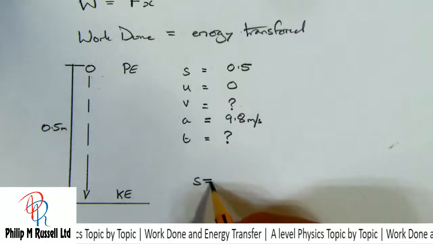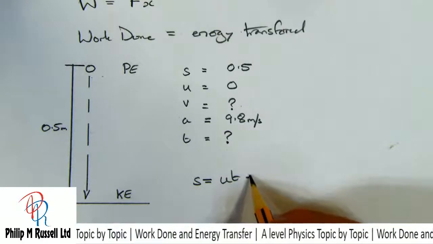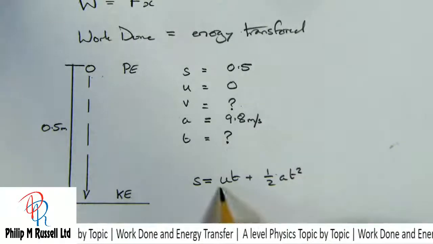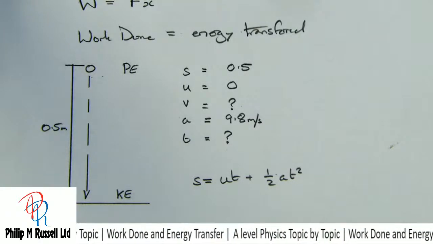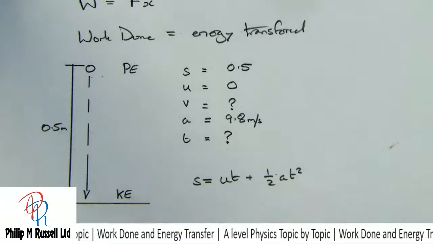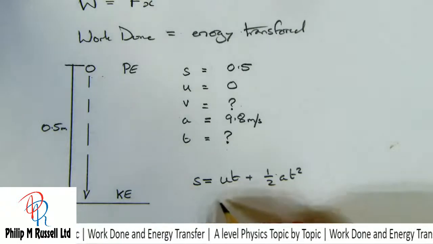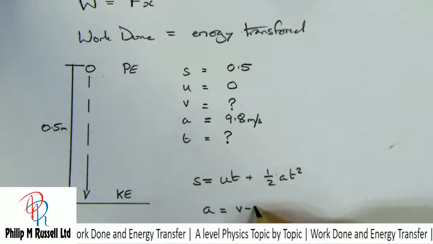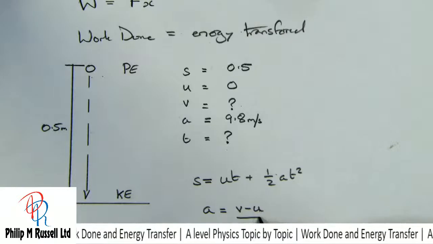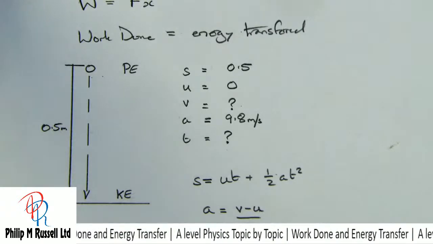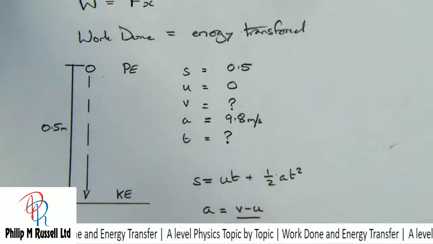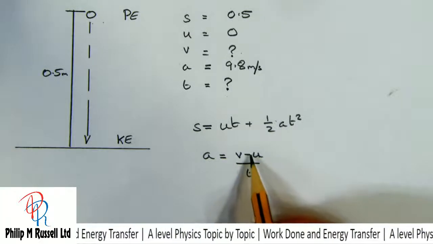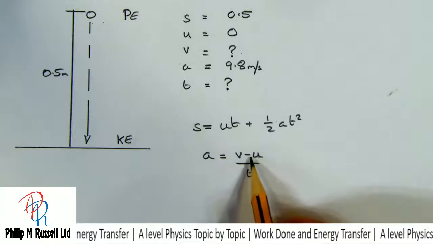We have s equals ut plus a half at squared. No help there, because what we want is to work out the velocity. I do know my acceleration is my final velocity minus my initial velocity divided by the time. So we could rearrange this one and work out what this is going to be.